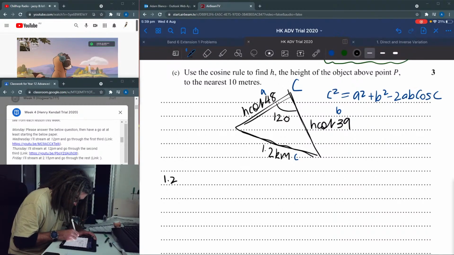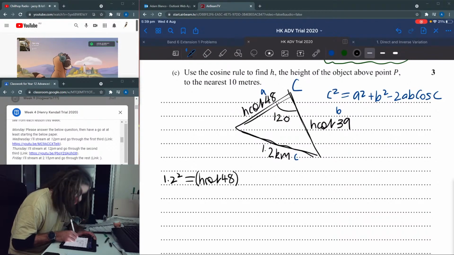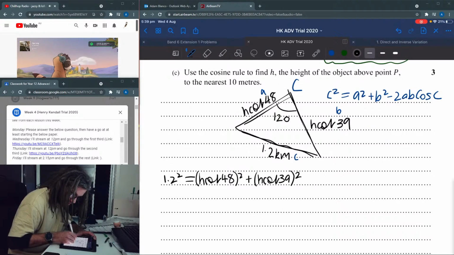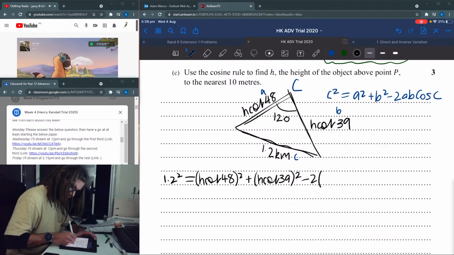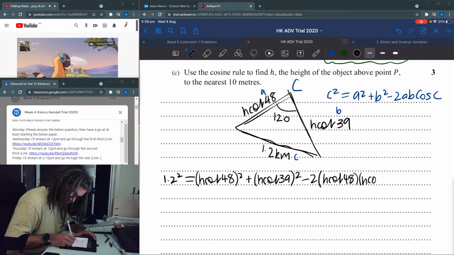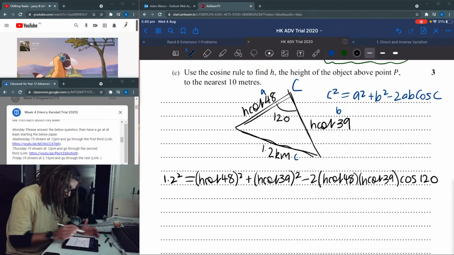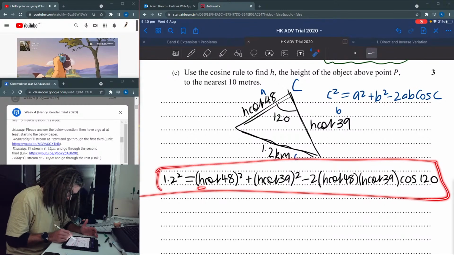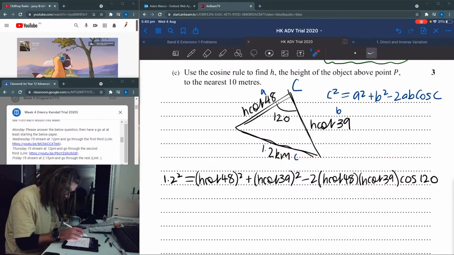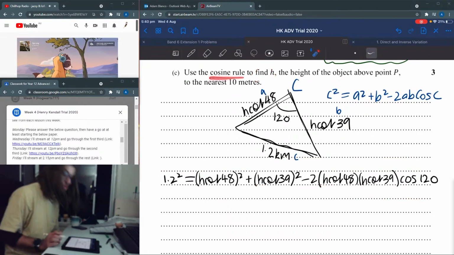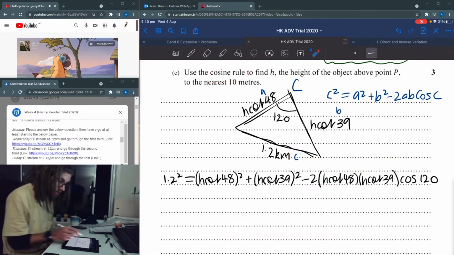My c squared is 1.2 squared, my a squared is (h cot 48) squared, my b is (h cot 39) squared, minus 2 times those things, cos C. My C is 120. Okay, so now I basically have a huge equation that has a bunch of h's in it, and I want to get h by itself. It's kind of giving me a clue as to what to do. I couldn't really use the cosine rule on anything else other than this triangle.